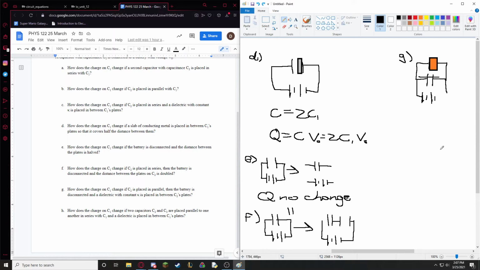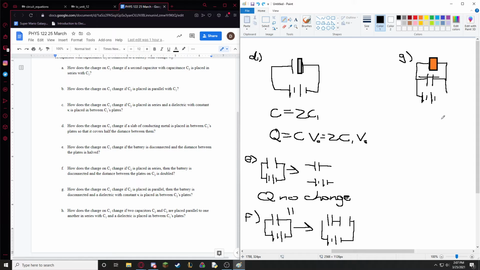And we know the voltage is related to the charge and the capacitance. And we know the voltage isn't going to change. The voltage is going to stay the same for our two capacitors, right? Our total charge is going to stay the same.